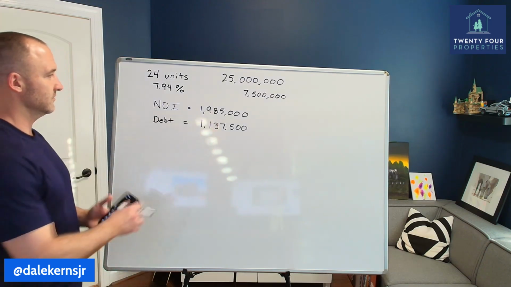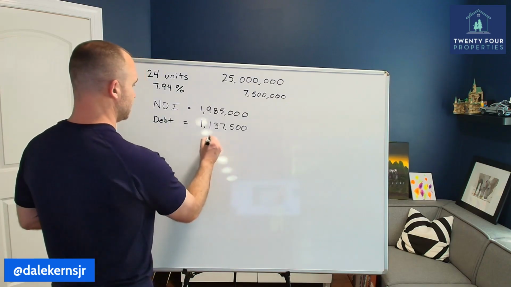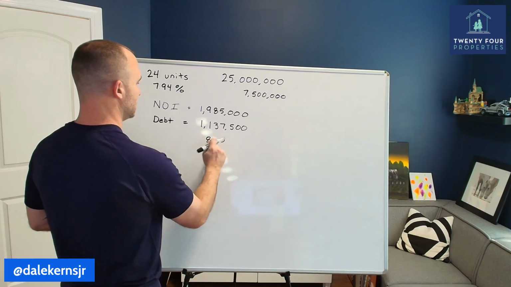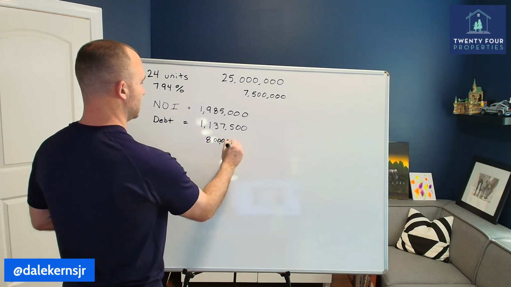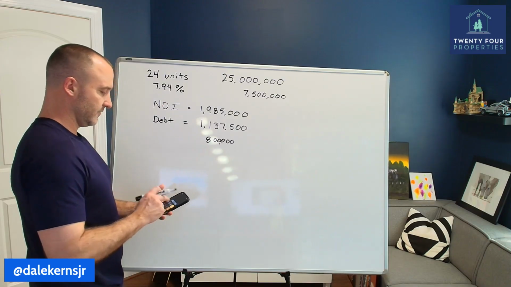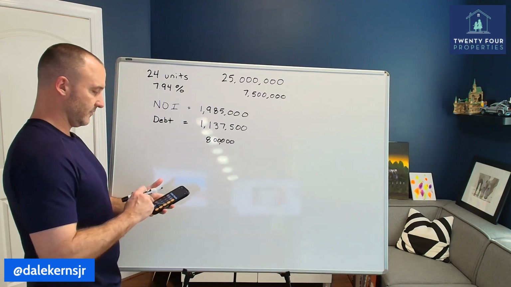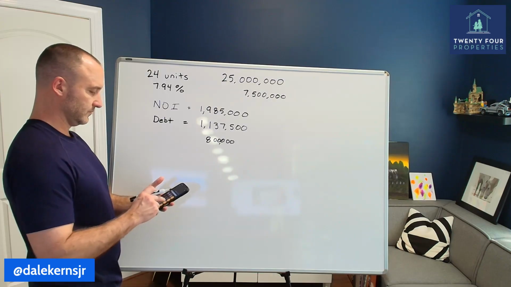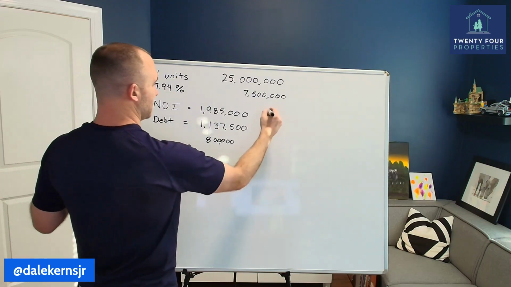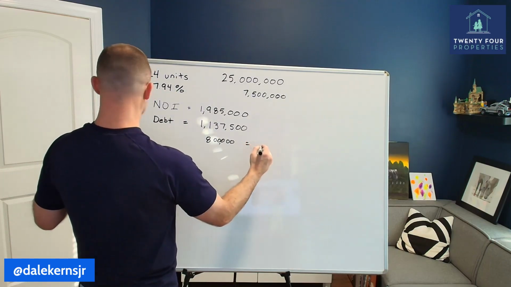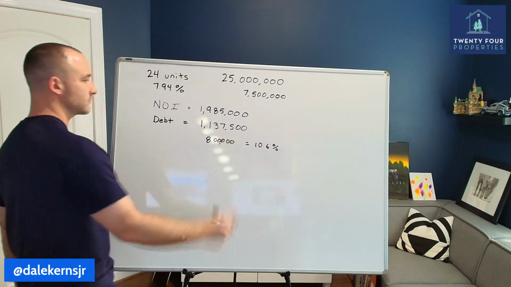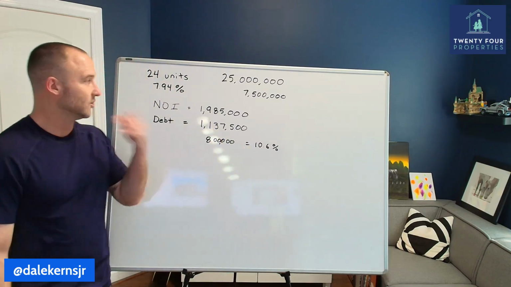So this does work. This leaves you about 800,000. 800,800 divided by 7.5 million equals 10.6%. So this deal would work.